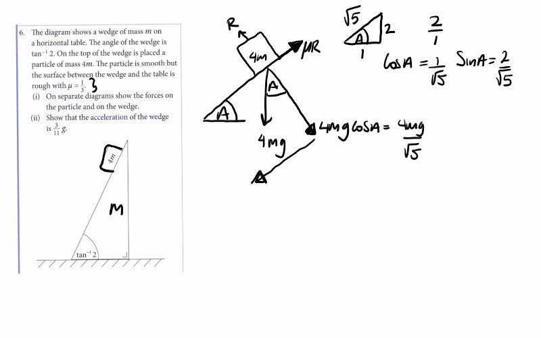In this direction here, we're going to have 4mg sine A, opposite, which is equal to 4mg by 2 over root 5, so 8mg over root 5. I'm just going to look at the question carefully, and my mu is actually between the table and the wedge here, not between the particle and the wedge, so no mu here.